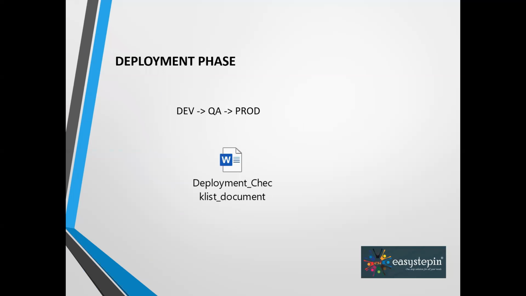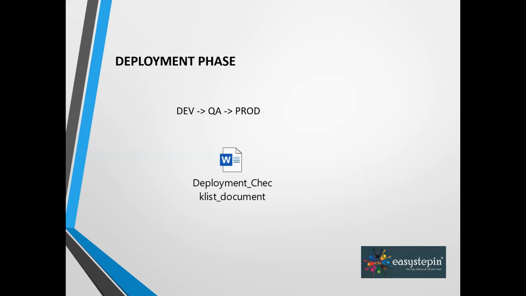Deployment phase. Once the user has provided you the UAT sign off, we are good to deploy the processes into prod. Usually the unit testing will be done by the developer in the dev environment. The version on which the unit testing is done will have to be deployed into the QA environment.